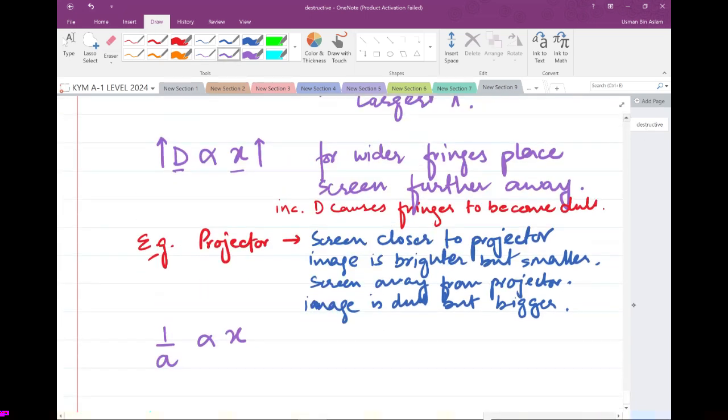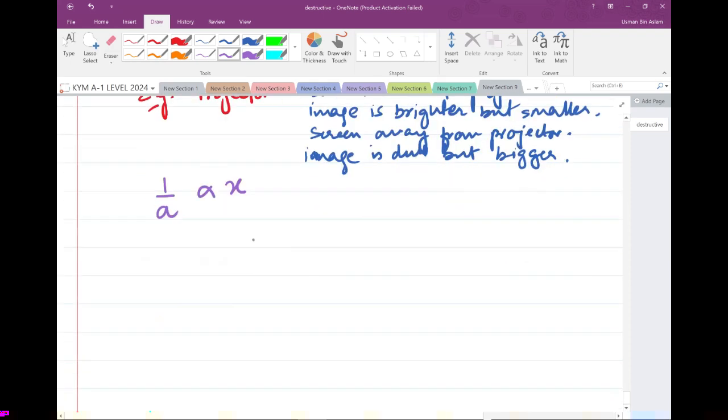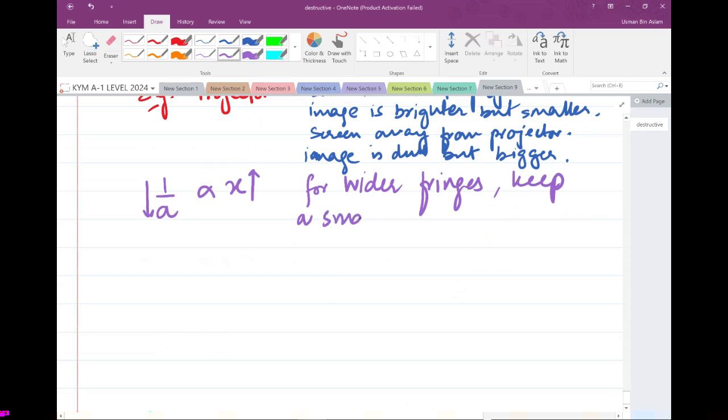So I'm going to write a little description for you. If I want the fringes to be wider, that means I want X to be greater, A has to be smaller. So for wider fringes, keep A smaller. What does A smaller actually mean? It simply means slits closer to each other.